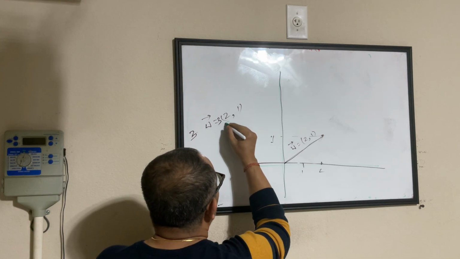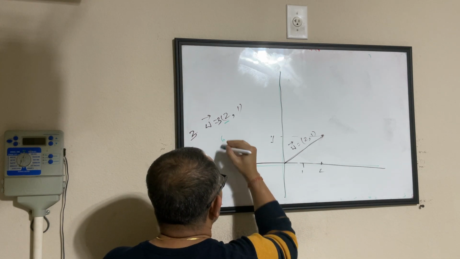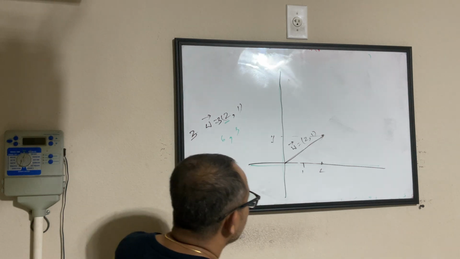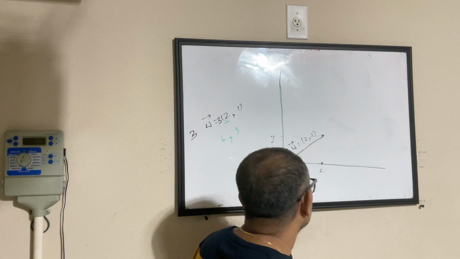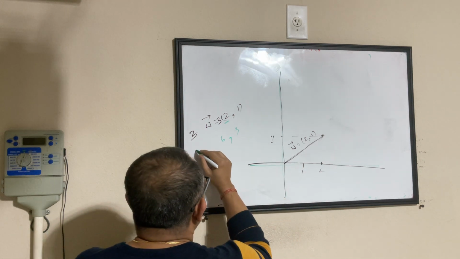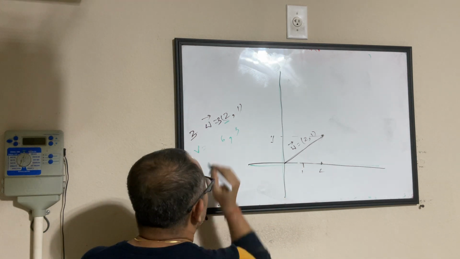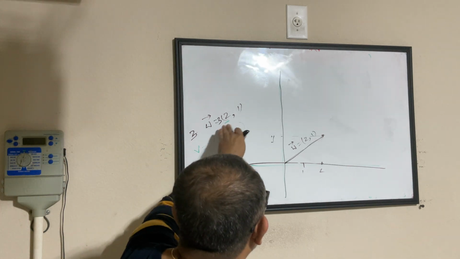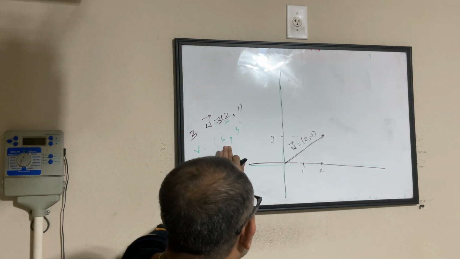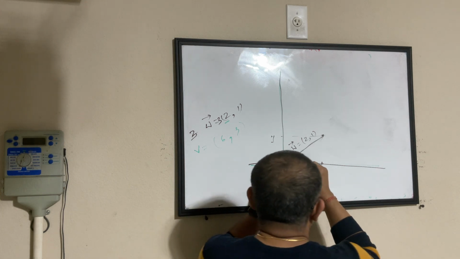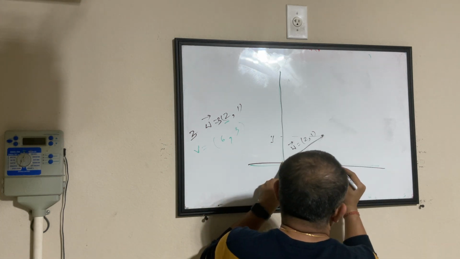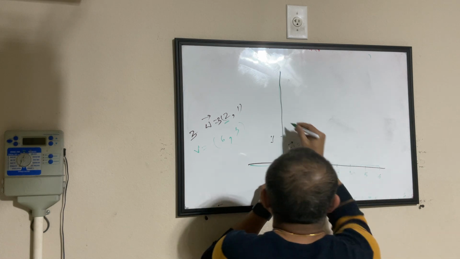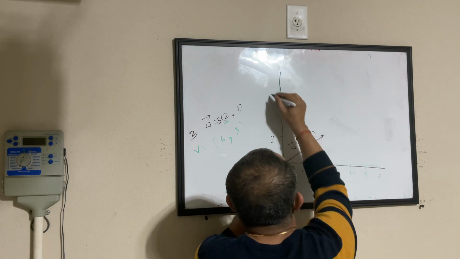My x component will become 3 times 2, meaning 6, and y component will become 3, meaning this will translate into another vector. Let's say this becomes V, which is green. This becomes (6, 3) because we multiplied this vector by a scalar 3. So if I think along this line, let's say this is 3, this is 4, this is 5, this is 6, this is 2, this is 3.